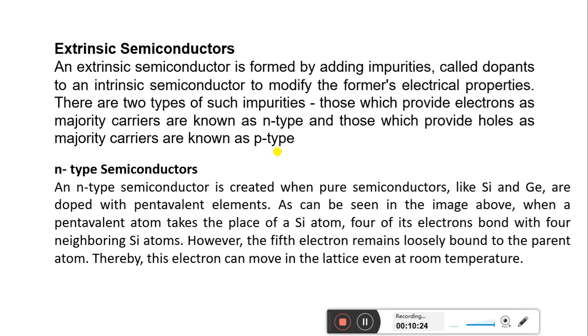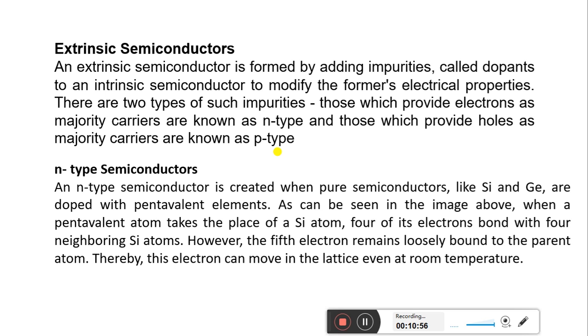So an extrinsic semiconductor is formed by adding impurities called dopants to an intrinsic semiconductor to modify its electrical properties. There are two types of such impurities. Those which provide electrons as majority carriers are known as n-type semiconductors, and those which provide holes as majority carriers are called p-type semiconductors.